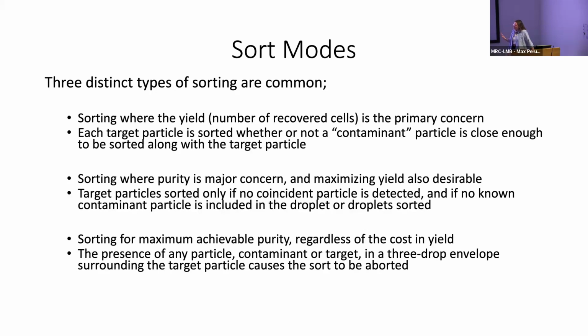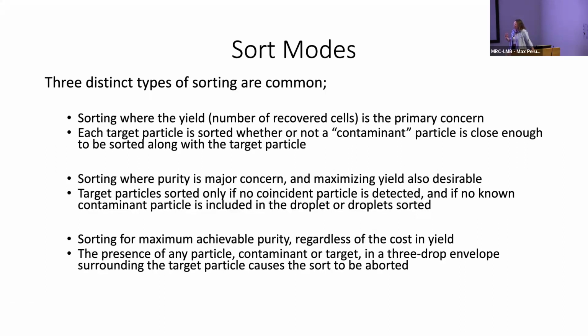The second is probably the most common situation, and this is where people are very keen on making sure that it's very high purity, and they don't care so much about recovery. We can tweak this a little bit, with some sort modes where we have a happy medium where we still get very high purity, but we maximize a bit more of the yield. That's where the target particles are sorted if no coincident particle is detected, and if no known contaminant particle is included in the droplet being sorted.